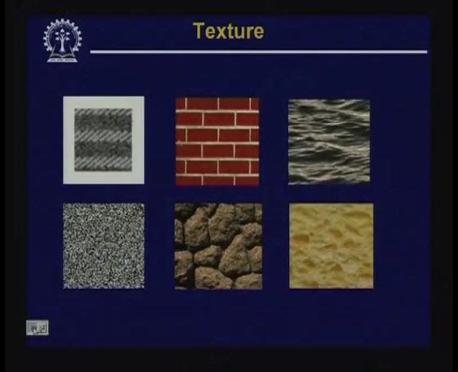So, what is the way in which this relative position information can also be obtained for the texture images? That relative position information also gives you a lot of important descriptors which are useful for describing a texture. So, towards that we will talk about another technique for obtaining the texture descriptors, which are obtained from what is called the co-occurrence matrix.